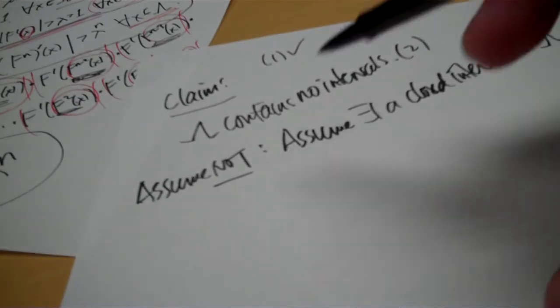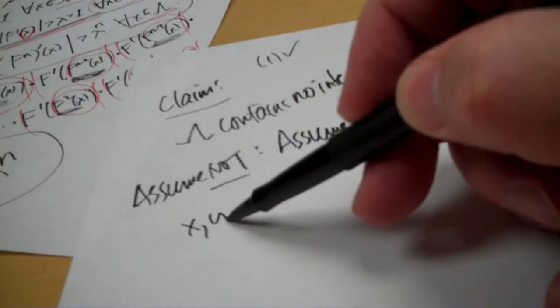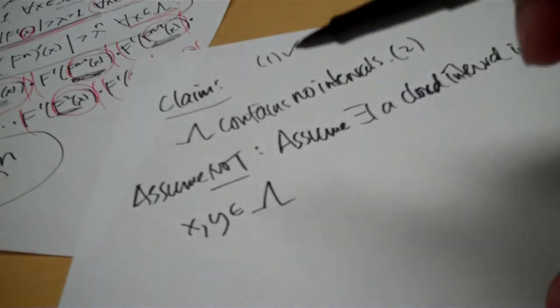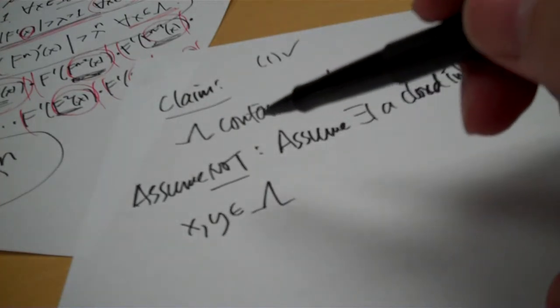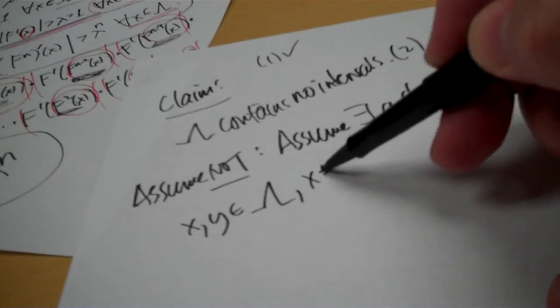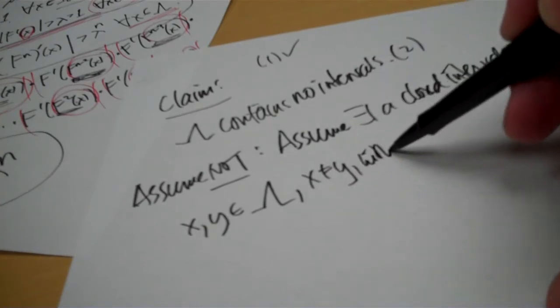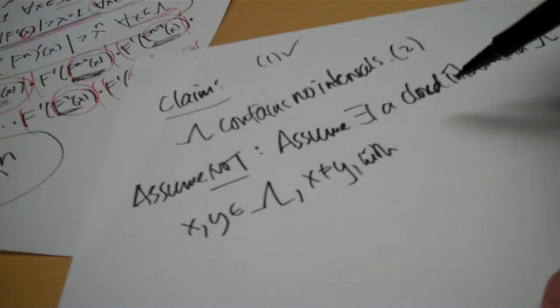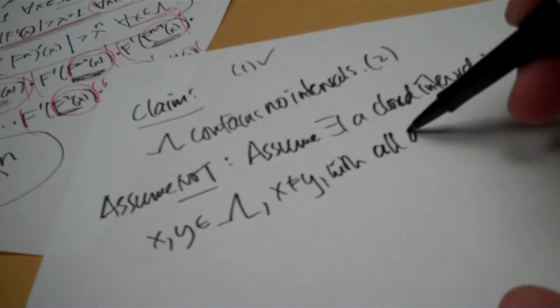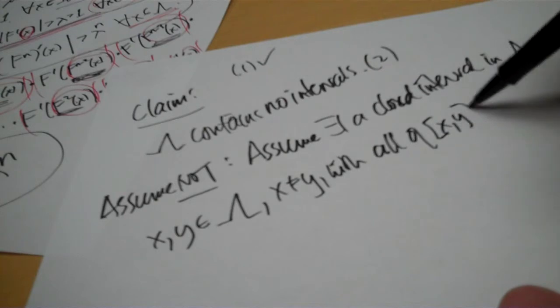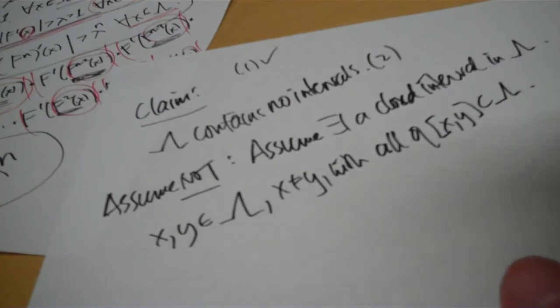And if there's a closed interval in there, that means we could find these 2 points x and y that are in lambda, and they're actually different points, with all of the closed interval x and y also contained in lambda.